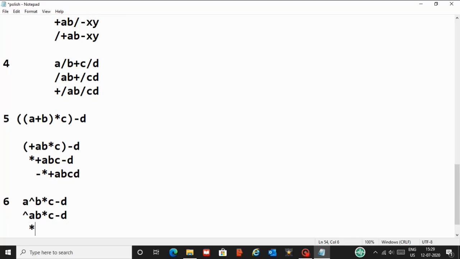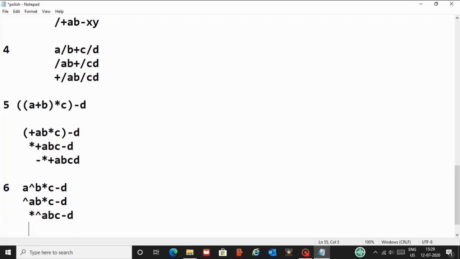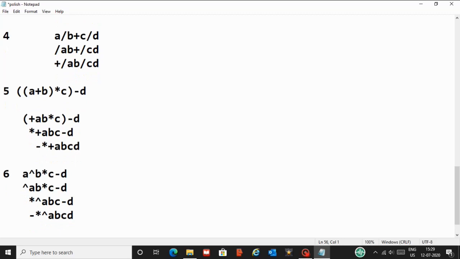So I will do star exponent A, B, C minus D, right? And now I'm left with only minus, which is nothing but minus star exponent A, B, C, D. I don't have any more operators, so this is my final prefix expression for the equivalent infix expression.